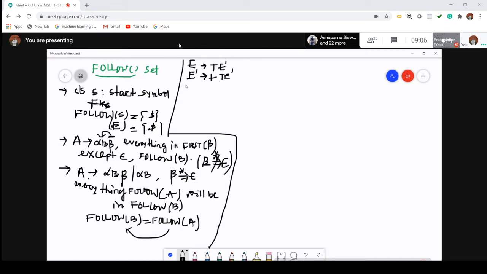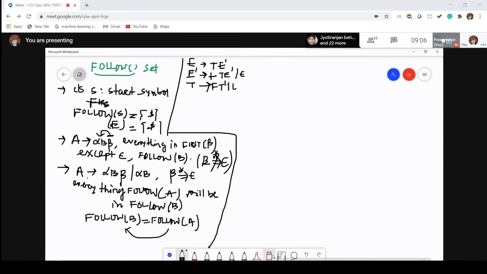or epsilon, then T to F T dash, T dash to star F T dash or epsilon, and the last one is F to bracket of E or ID.